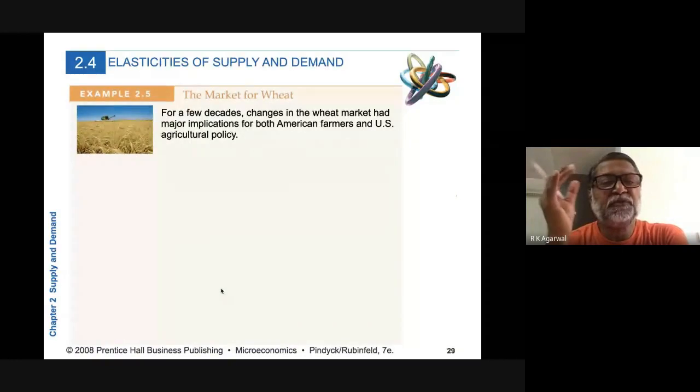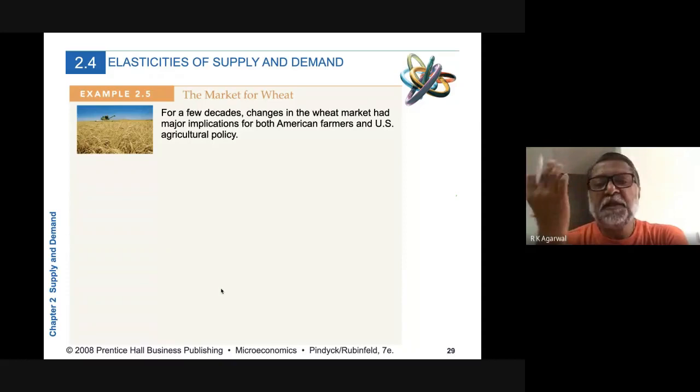So therefore, the example has also come from America. But you know, the wheat market is very, very important in India also. I know it for sure because once our family owned a flour mill. A flour mill happens to be a factory where the wheat is processed into flour.